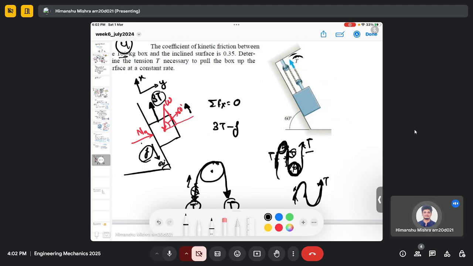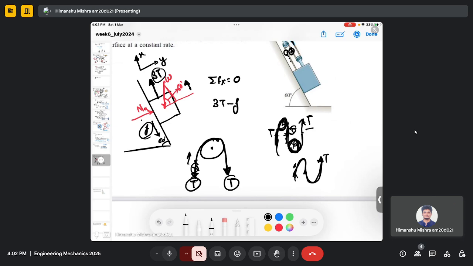When you are applying T here, in order to remain in equilibrium, this also should have force T, and since now this is T, again from the same concept, this part also should experience T, because you are pulling this part of the cord. So in order to avoid motion, here should be the same force. This end also should experience the same force.